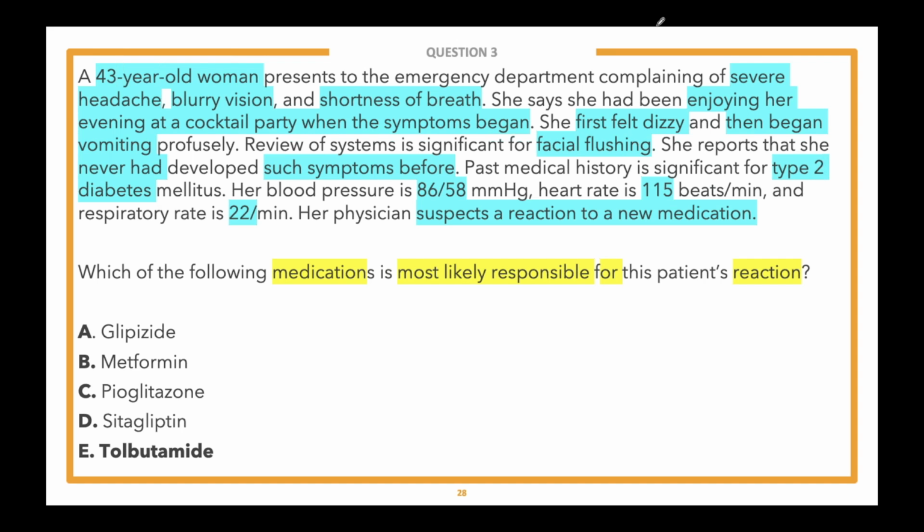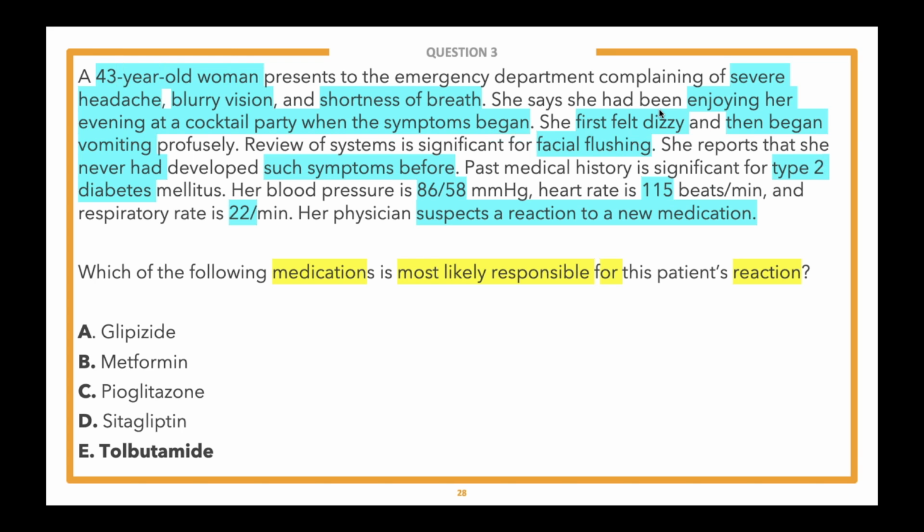You can get these types of reactions, called disulfiram-like reactions, with other medications, okay? And this patient is likely taking an oral hypoglycemic agent for her diabetes, okay? All of these medications are used to treat diabetes, and they are ones that she theoretically could be taking. However, the only one there that's known to cause a disulfiram-like reaction is answer choice E, tolbutamide, okay?